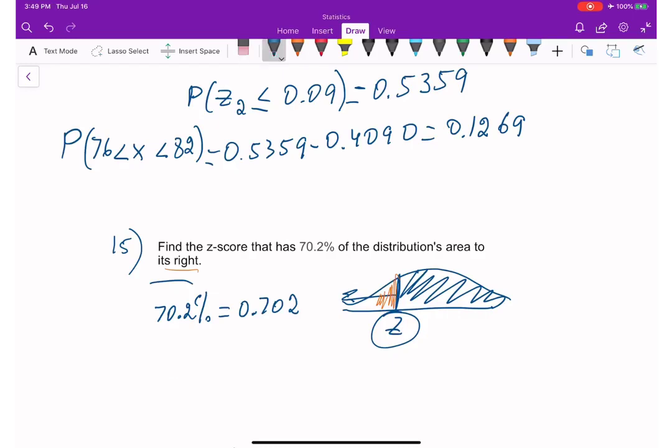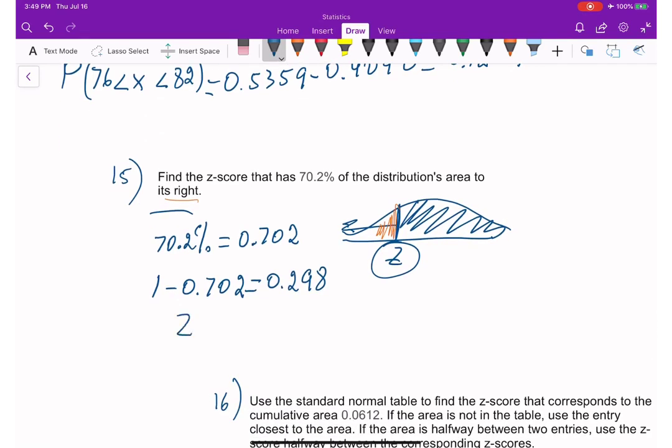I mentioned it and didn't subtract. 1 minus 0.702 is equal to 0.298. So the z-score for 0.298 is going to be equal to negative 0.53. So the probability of z-score less than or equal to 0.298 is another way to write it, and it will be negative 0.53.